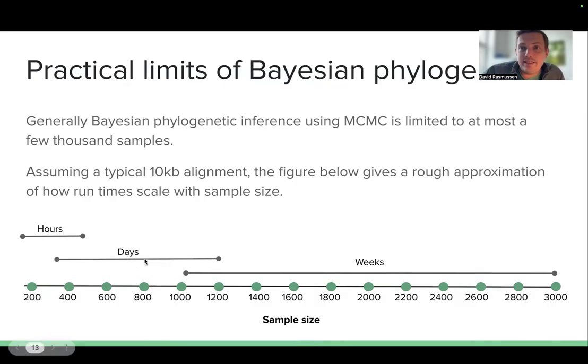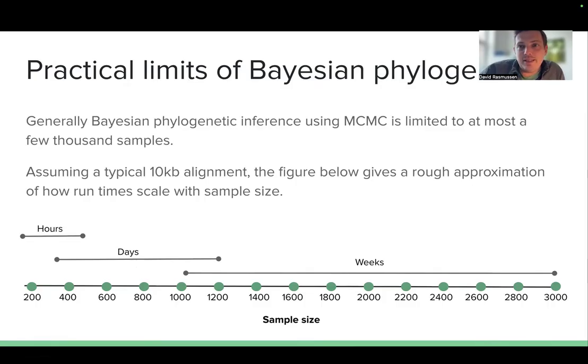But it's going to take us days to analyze larger data sets with hundreds of samples to maybe just a little over 1,000. And then for data sets with thousands of samples, it might take us weeks to explore the posterior distribution and sample enough trees to efficiently approximate the posterior distribution of trees.